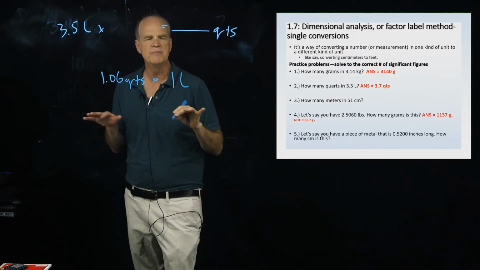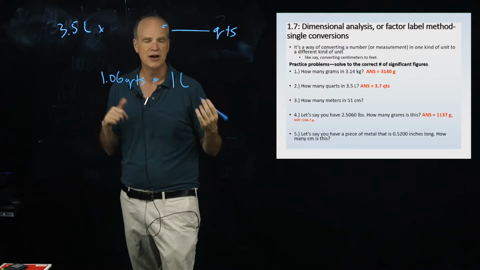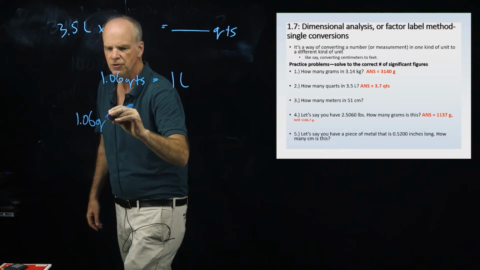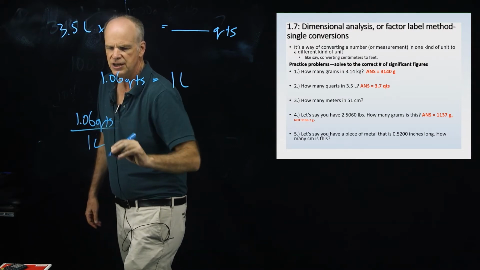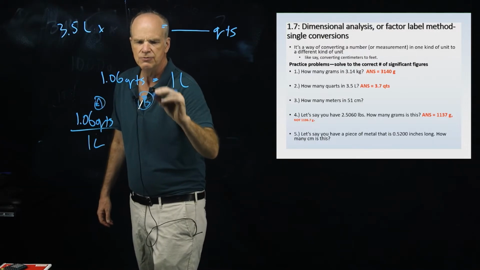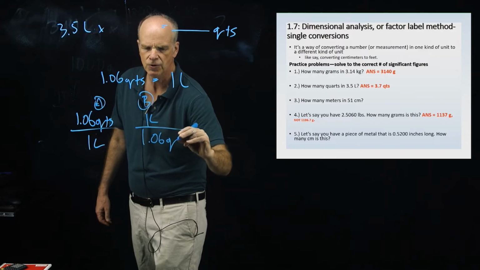Again, in your mind, you can set up the 2 fractions that you can choose to use to solve this problem. One fraction, we'll call it A, is 1.06 quarts over 1 liter, and the other, B, is 1 liter over 1.06 quarts.